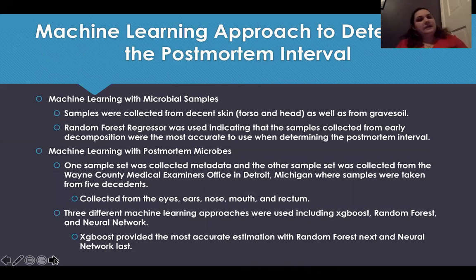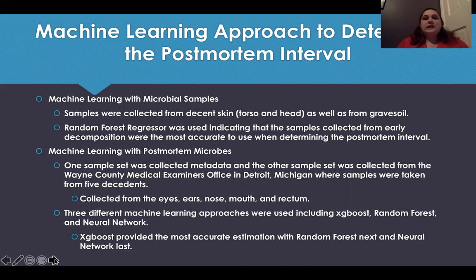The other ones they did were just microbial samples and postmortem microbes. The microbial samples were collected from the skin, such as the torso and the head, as well as the grave soil. And they used random forest regressor for this.